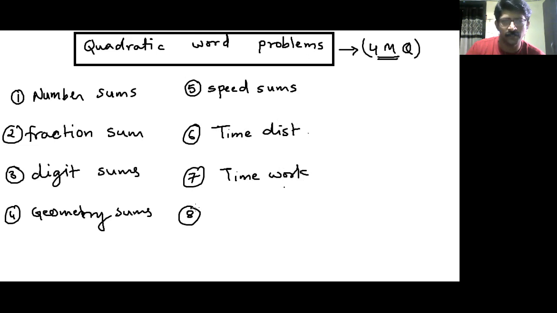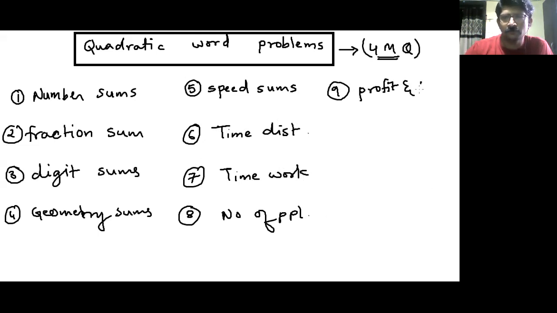Keep writing guys, okay? Then there would be work, or the number of people who go to a picnic or who go for a hotel or something like that. Then there will be profit and loss sums. Then there are age sums.